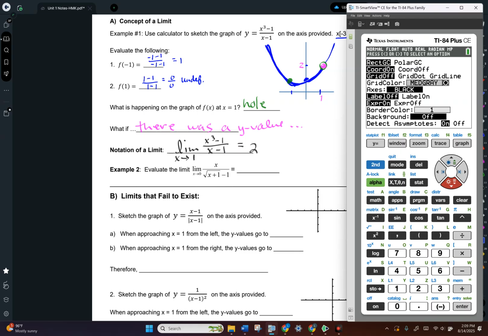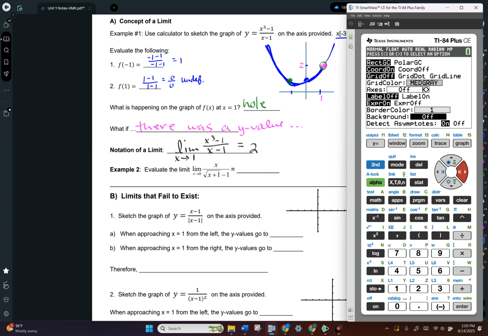Well, let's do this. See this? Oh, that's the grid. Here we go. Axes, right now, they're black. Wonder if I can get rid of them. Oh, there we go. Axes off.